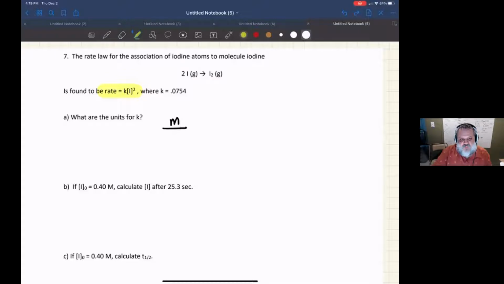And remember that the rate must always be molarity per second. And so we know that whatever the units of K are, when we multiply it by the concentration of iodine squared, we'll get molarity per second. So you have to ask yourself what units in here would get you molarity per second.